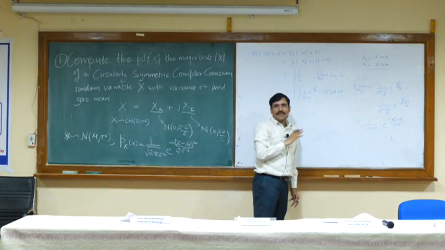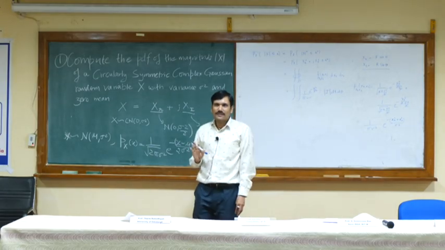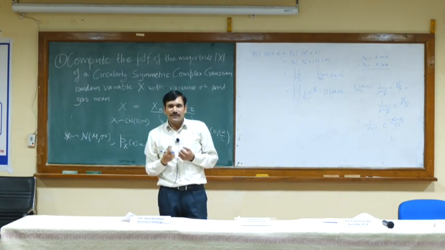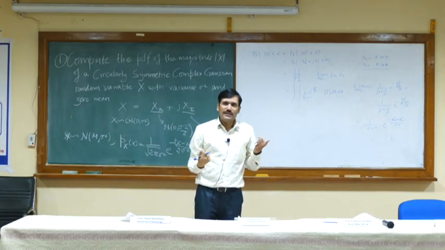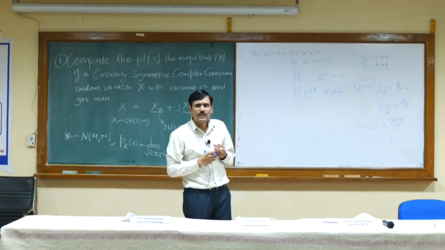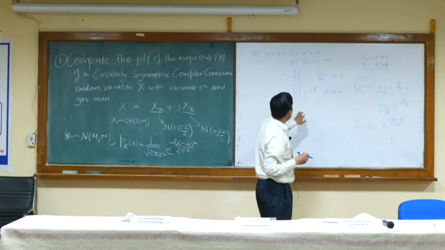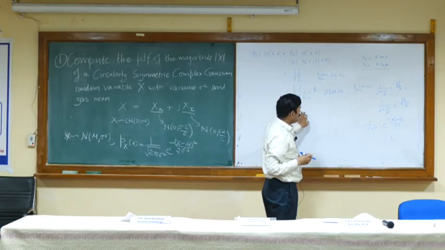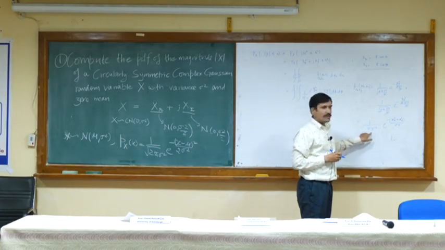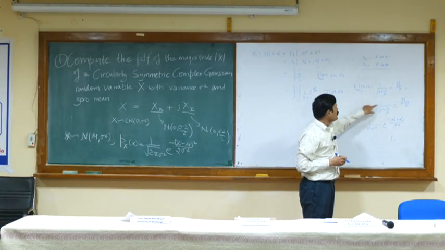You understand the Jacobian, right? Everybody has heard about Jacobian before, right? So whenever we change the variable from one integration to another integration, there are two factors coming, right?